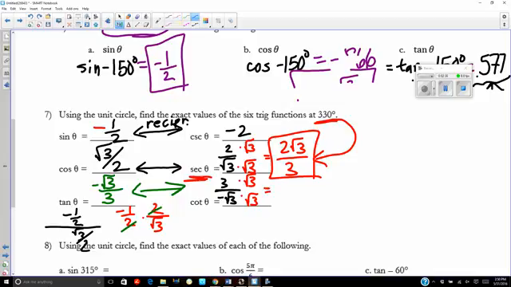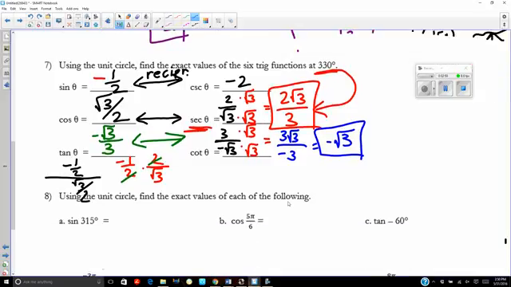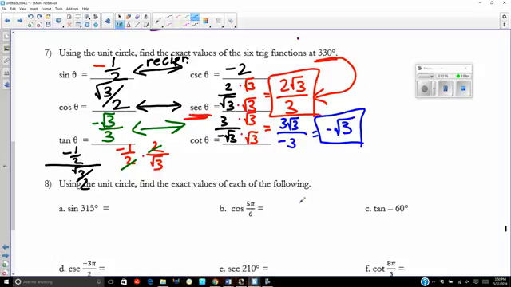And we're going to get 3 radical 3 on the top, and then a negative 3 on the bottom. The 3's will reduce, and we end up getting negative radical 3. Pause if you need to.